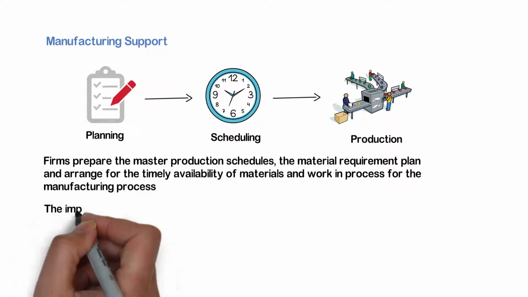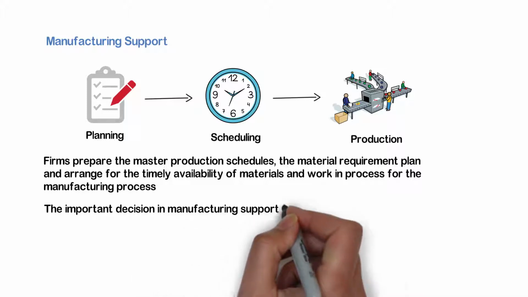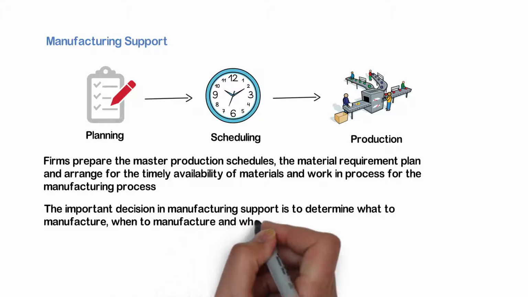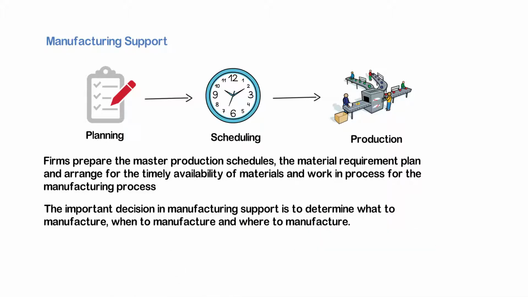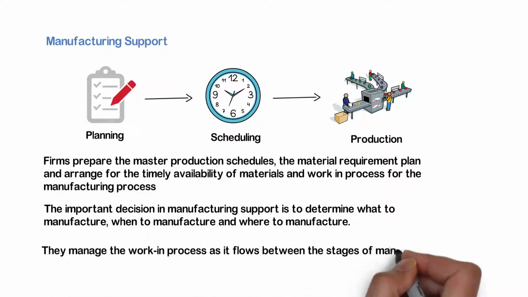The important decision in manufacturing support is to determine what to manufacture, when to manufacture and where to manufacture. They manage the work in process as it flows between the stages of manufacturing.